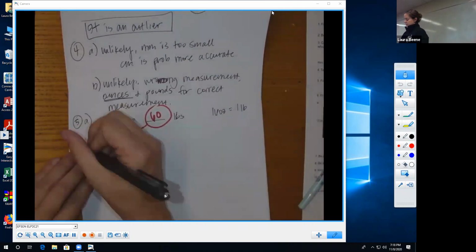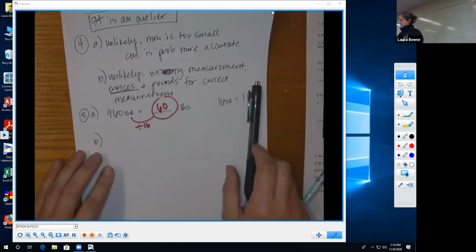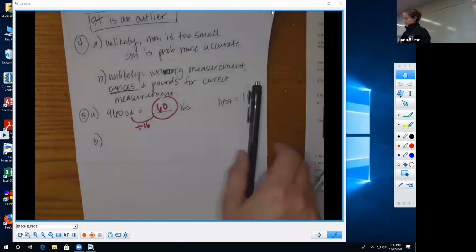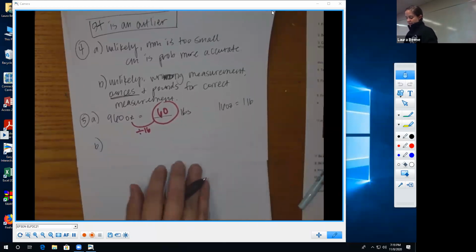For part B, this is quarts to ounces. So you need to know your quarts and cups and pints and all that sort of thing.